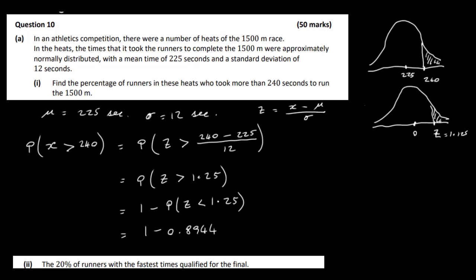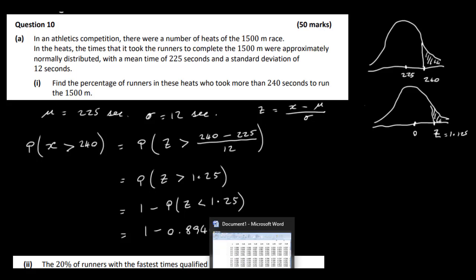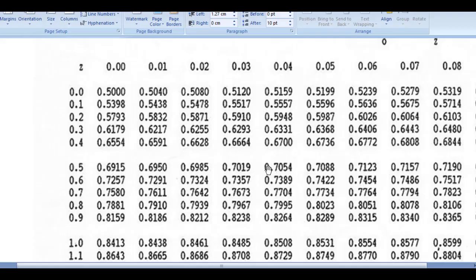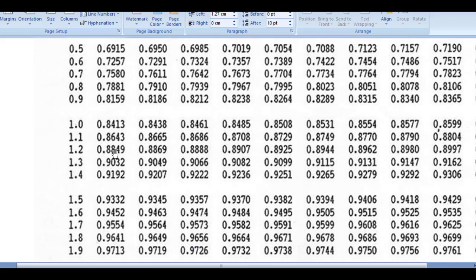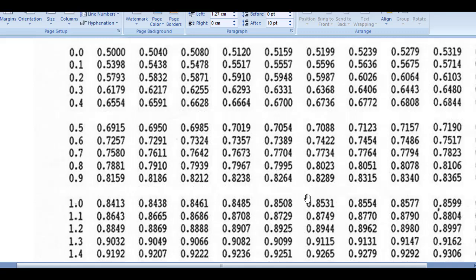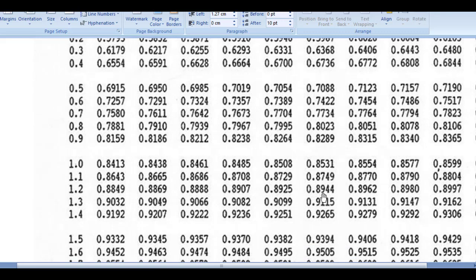So where did I get that 0.8944? So if we just have a look here, we want to look up a z value of 1.25. So we come down along here, we've got 1.2, and we have our 0.05 here. So that's this one here. So 1.2 and 5 is 0.8944.